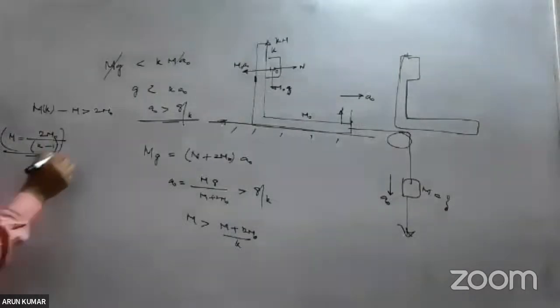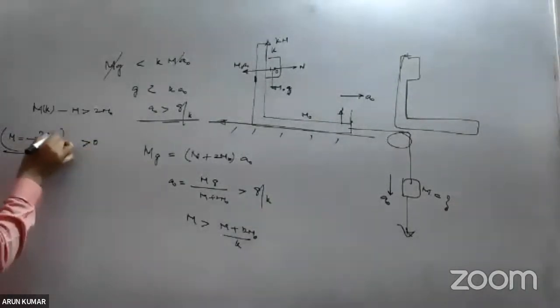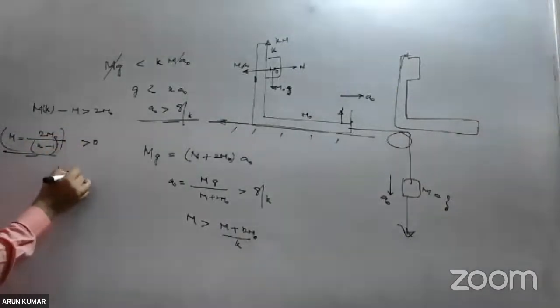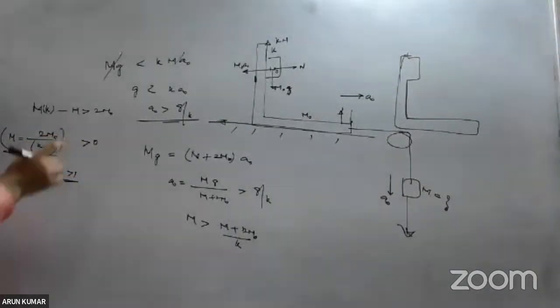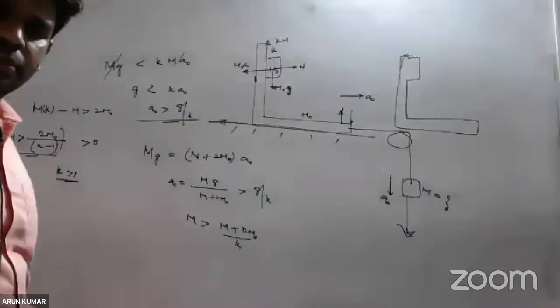I think m వచ్చింది. Now we know that mass is always greater than 0, until 2m is greater than 0, so mu should be greater than 1. That is one condition for them not to slip. The other condition is m should be greater than 2m naught by mu minus 1.